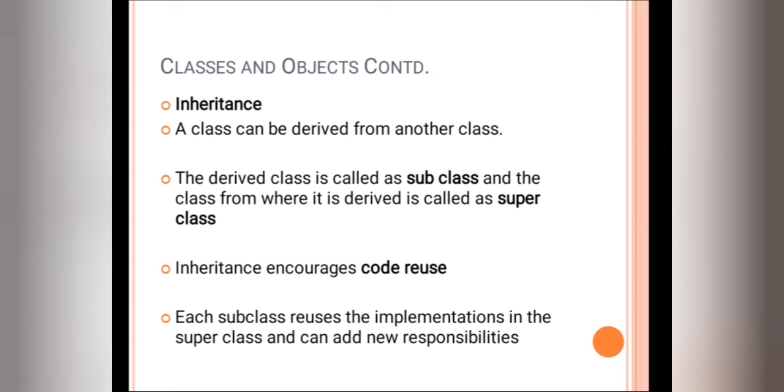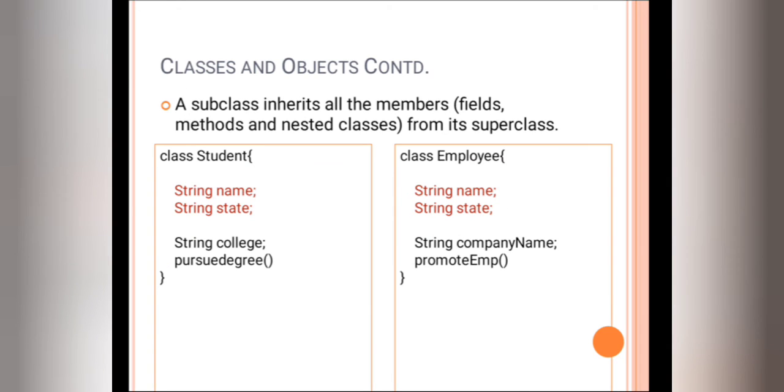Each subclass reuses the implementation in the superclass and can add new responsibilities. What it means, we will see in an example. Suppose there are two classes, student and employee.